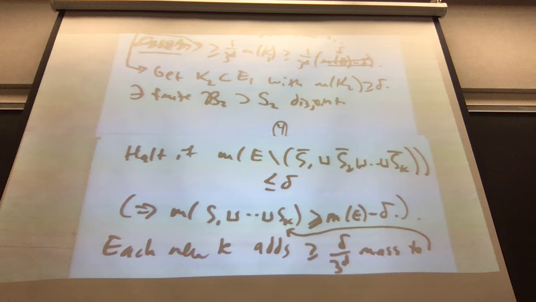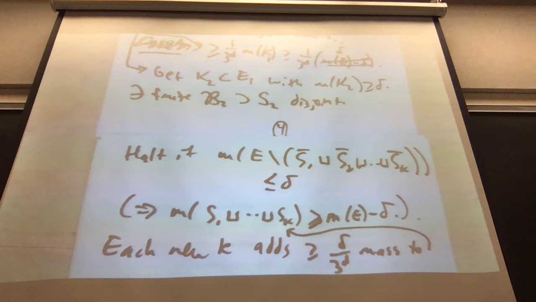Run the argument on them, and so the measure of E, take away this set S that we get from this argument, is at most the measure of O, take away the measure of these disjoint union of B's, because all the balls came from O. All the balls were contained in O anyway.